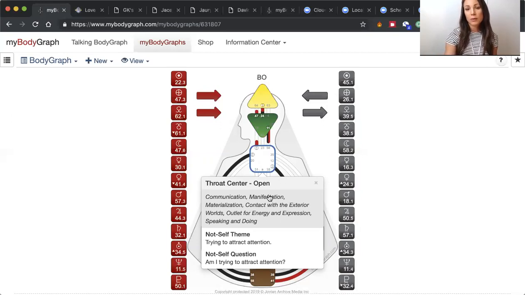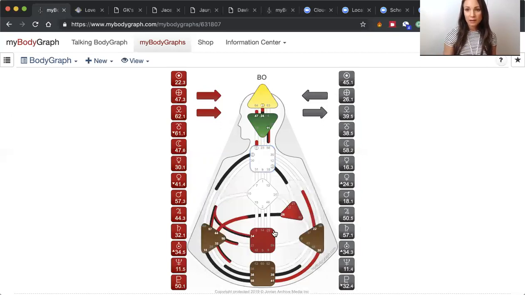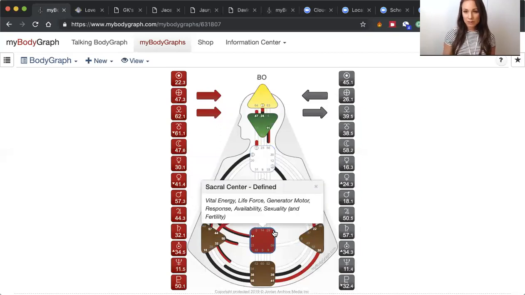And the fact that both those centers are undefined, it's kind of a double checking in, is it my truth, and is it my voice that is spoken? So that is something to be aware of, and look at often to make sure that we're speaking and that we're feeling and expressing our truth.